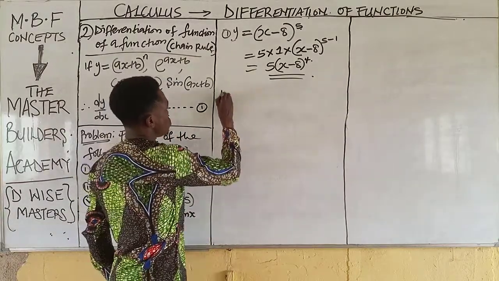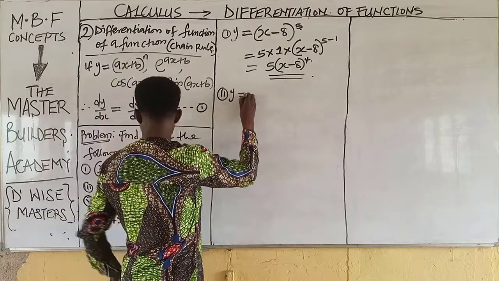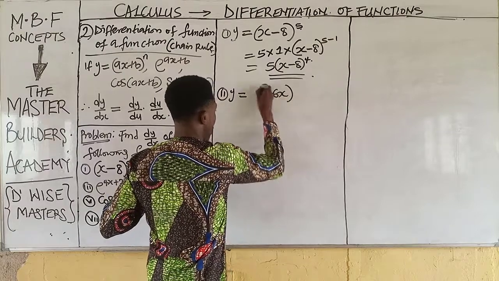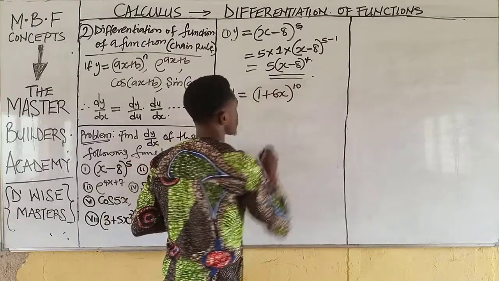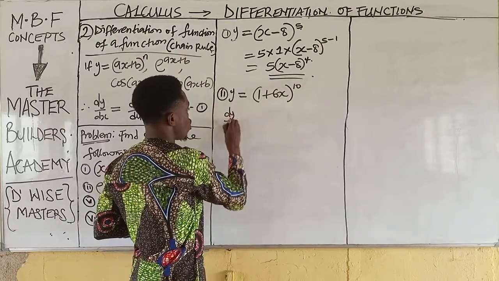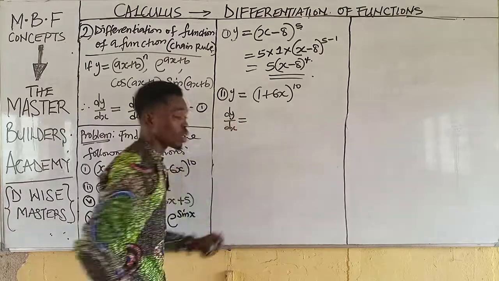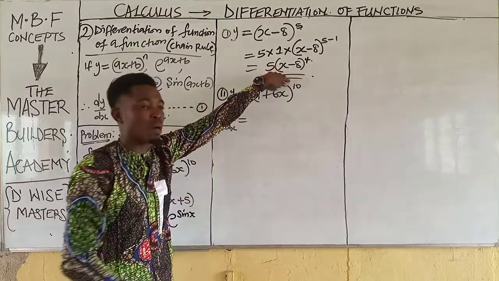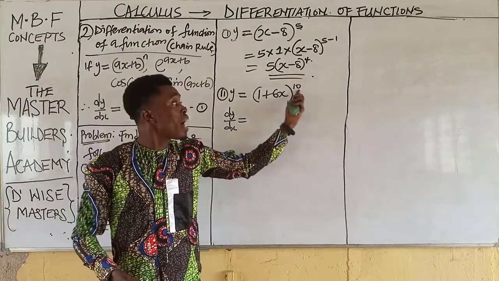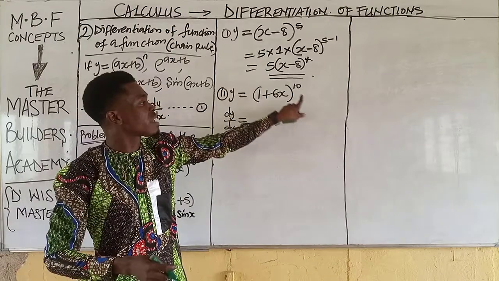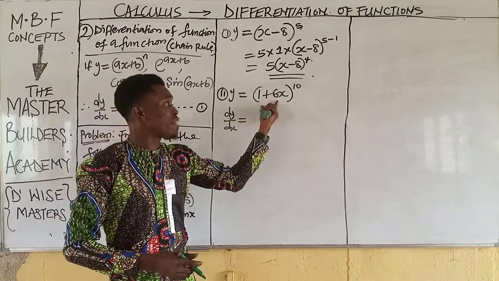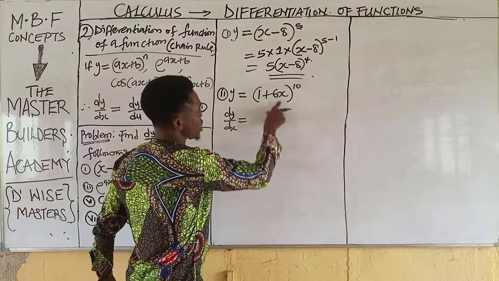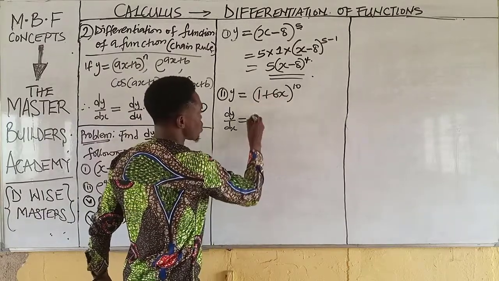Now, question number 2. We are given that y is equal to (1 plus 6x) exponent 10. So we have dy over dx is equal to, the first thing you do, guys, is to put down the power. And what's the power here? The power here is 10. When we identify the power, then identify the function of x.